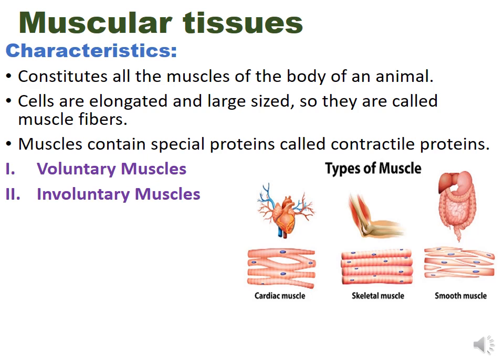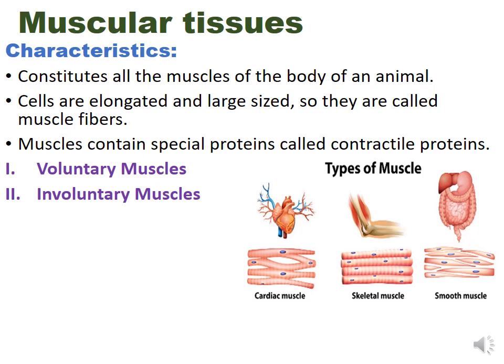We can contract and expand these voluntary muscles according to our will. Okay, and these voluntary muscles make our organs move. And the involuntary muscles, the opposite of these voluntary muscles, do not contract at our will.